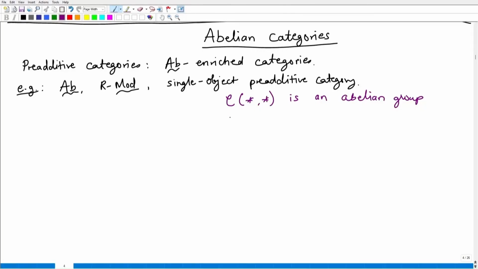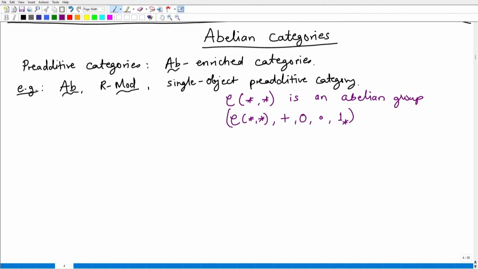It is a monoid with respect to composition. Very good. Now what kind of structure do we have? C(*,*) is a set, and because it's pre-additive it has an addition structure, plus and 0. Then it has a multiplication structure, namely composition, and also the identity.